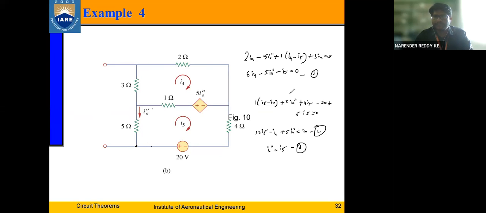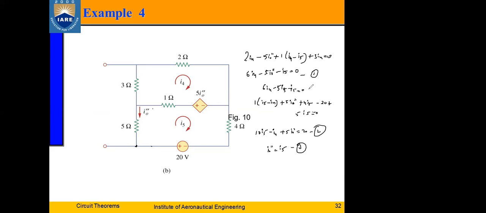So substitute the same in equations 1 and 2 as well. Is that okay? Can I assume that I0 double dash is equal to I5? Because we don't have any other option, right? Minus 5 I0, or instead of I0 I'm using I5, minus I5 is equal to 0.